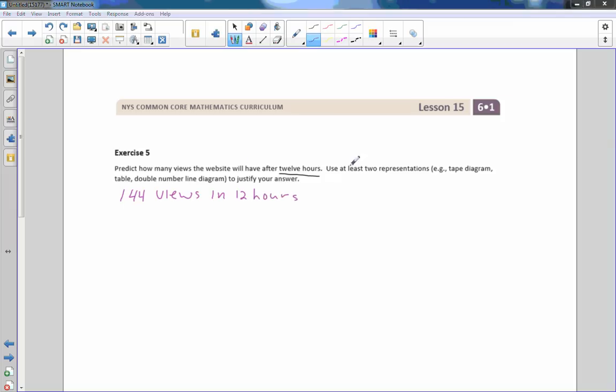Okay, it says use at least 2 representations, and there's examples. So let's do a tape diagram. Tape diagrams are pretty cool. So if I am going to have a square, what am I comparing, by the way? I'm comparing hours to views. And let's draw a line way out like that.